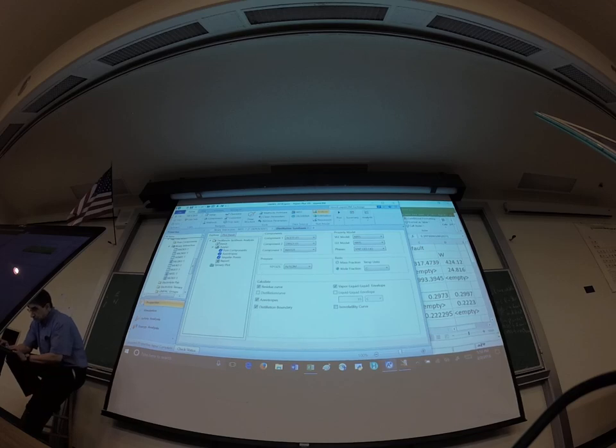Right here, and we're on the input screen now. On the input screen, you can specify things like the order of your components and whether you're going to have mass fraction or mole fraction diagrams. What unit you're going to use for pressure.